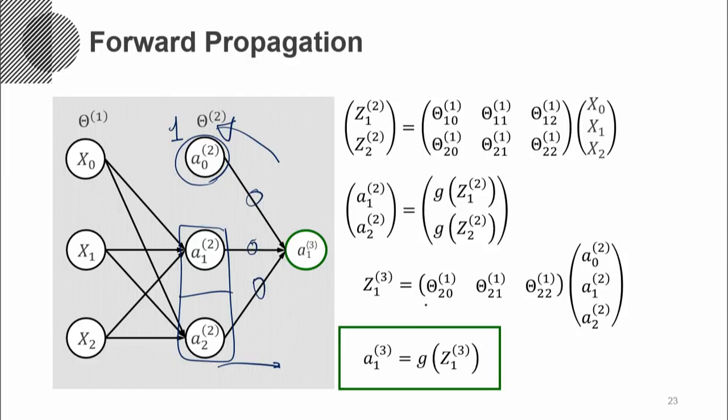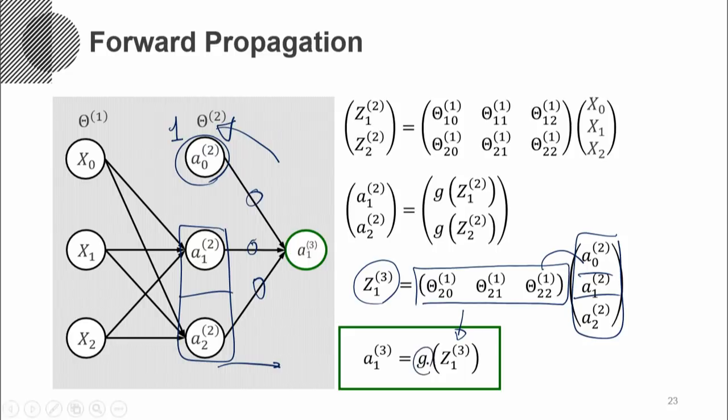Those edges or weights are represented by this row vector, and then we have our new input vector. After multiplying them as an inner product, we generate this linear combination, and this output will go through our nonlinear function. And finally, we will obtain the activation of this node at the last layer.